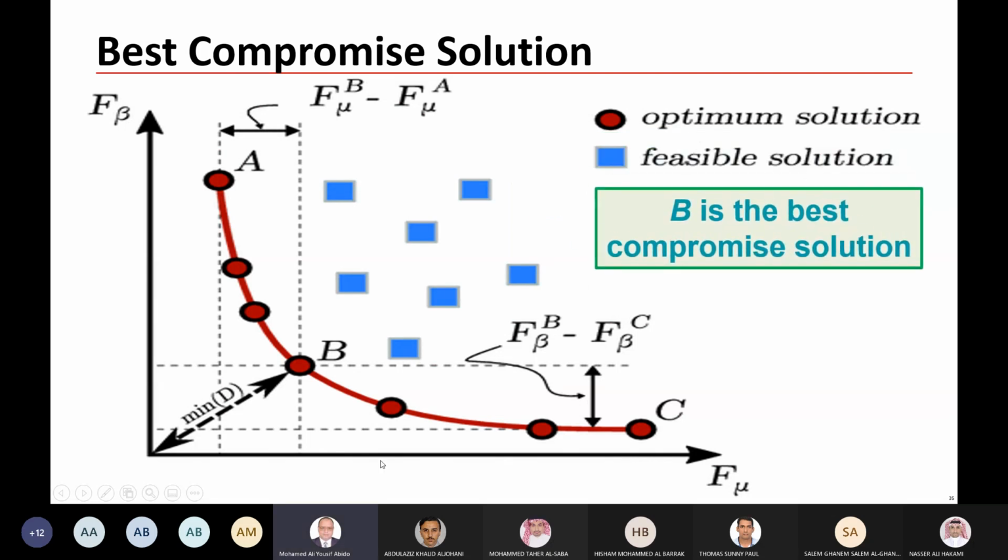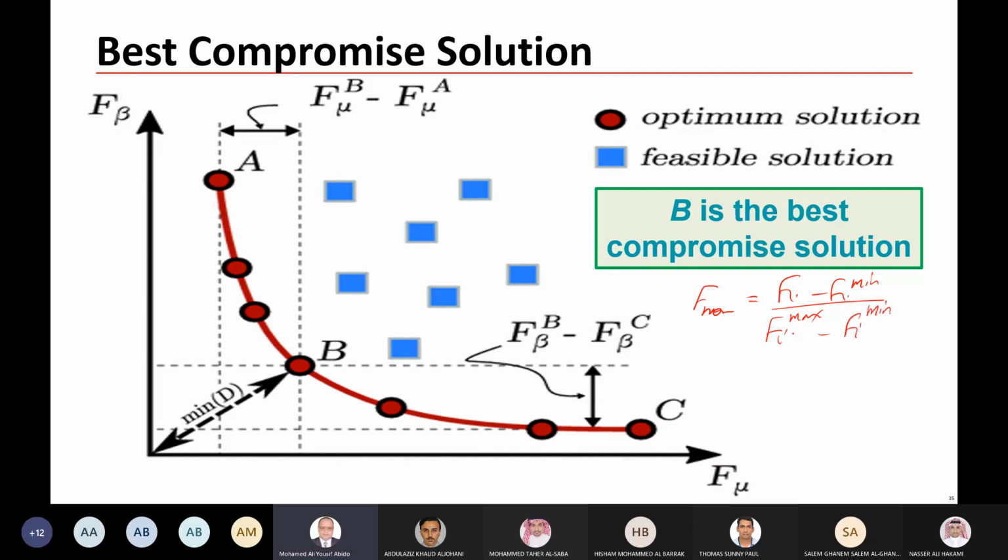If you check this formula, if you normalize all the objectives in order to calculate the distance here, you need to normalize the objectives, and you know how to normalize the objective. The normalized objective equals fi minus fi minimum over fi max minus fi minimum.